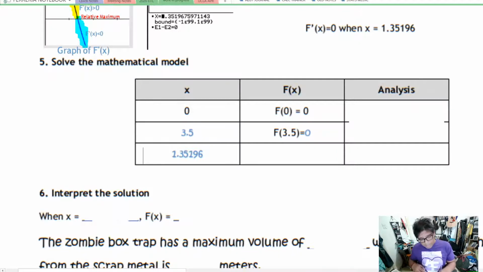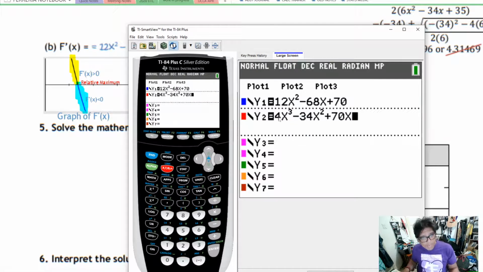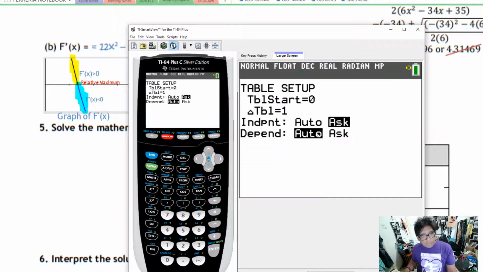Let's go ahead and get back to the calculator. So I'm going to go ahead and put the function for volume in Y2. Do my table set, make sure that I'm still on independent ask. That is good.